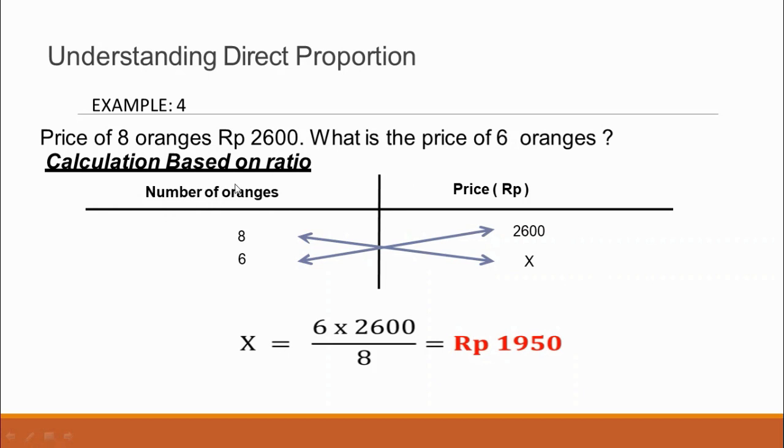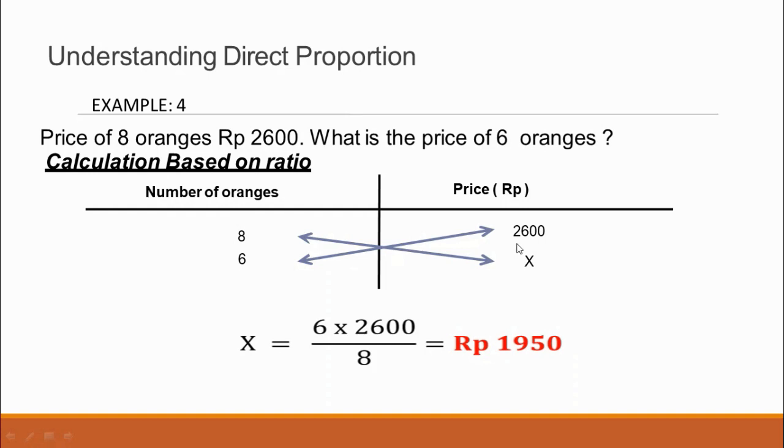In the first description, there are 8 oranges, and in the second sentence, there are 6 oranges, and in the first sentence, the price is 2600, and in the second sentence, the price is unknown. So using the direct proportion, multiplying these two quantities and multiplying these two quantities.